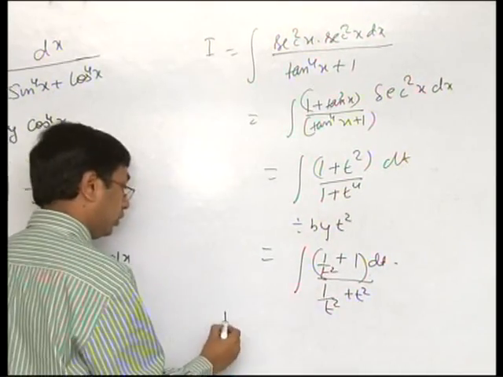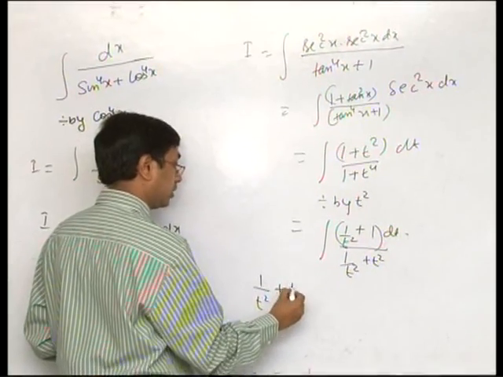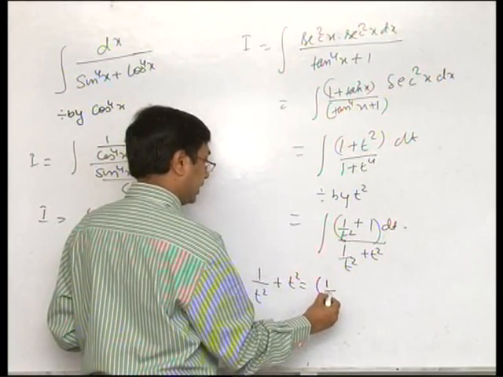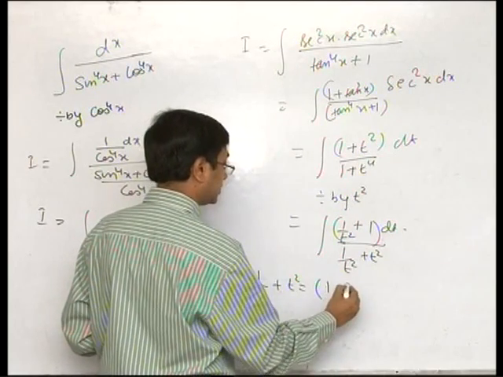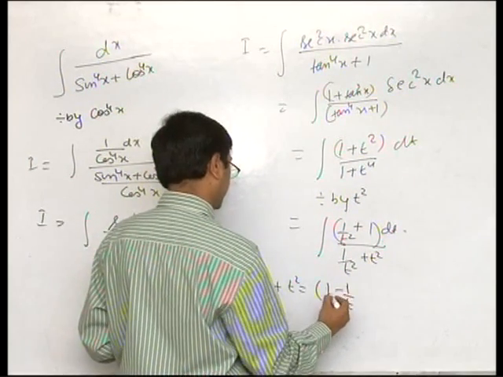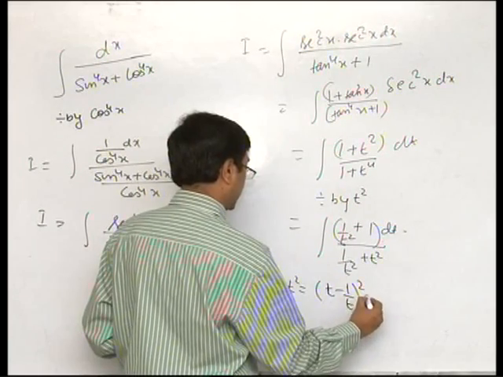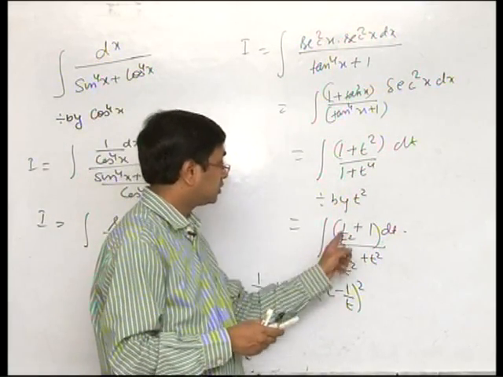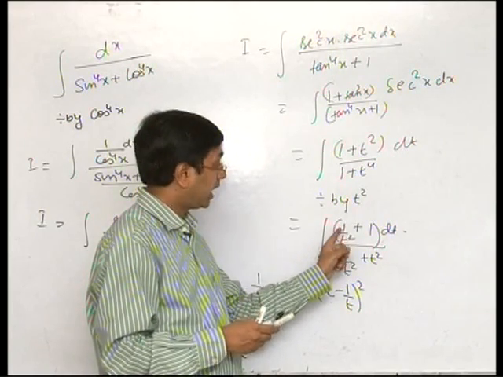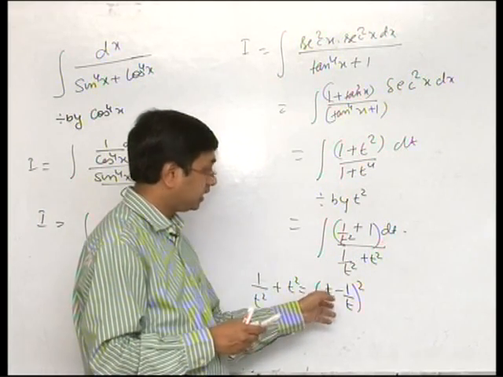And you know how do we express this? a square plus b square, 1 by t minus, 1 minus 1 by t, right, square. So now why did we use t minus 1 by t square? Because you see we have 1 plus 1 by t square. Had we got 1 minus, then we would have taken t plus 1 by t.